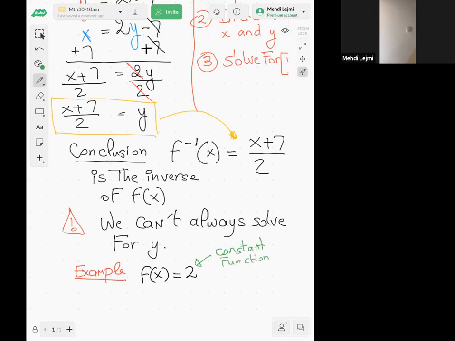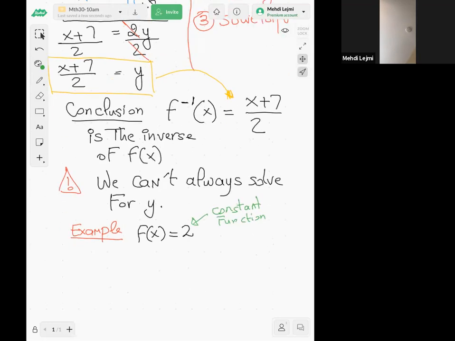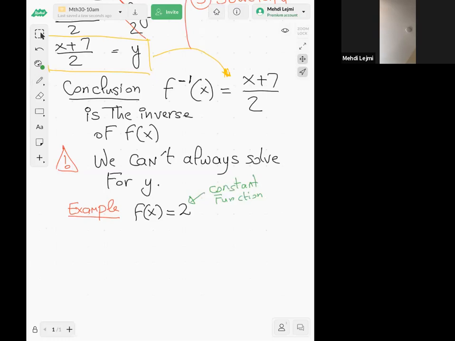So if you want to find the inverse of this function, where the output is always 2, let's see what happens. Here is my table again, with f of x equal to 2. First we replace f of x by y, which is always doable. So y is equal to 2.